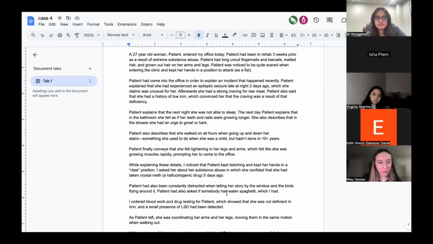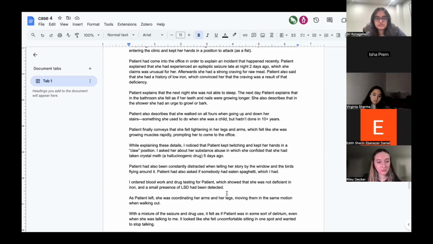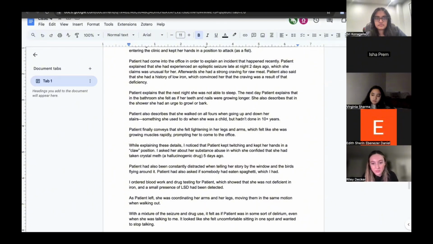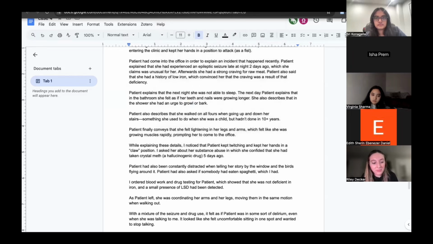And then also they had uncut fingernails and toenails, matted hair all over their arms and legs, and that indicates a wolf-like physical appearance, as well as craving strong meat and being unable to sleep, going up on all fours on stairs and things like that, which led us to think that the patient was behaving like a wolf.